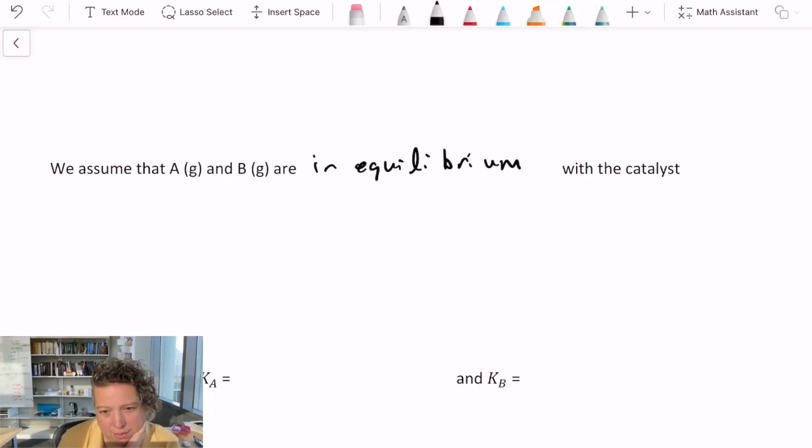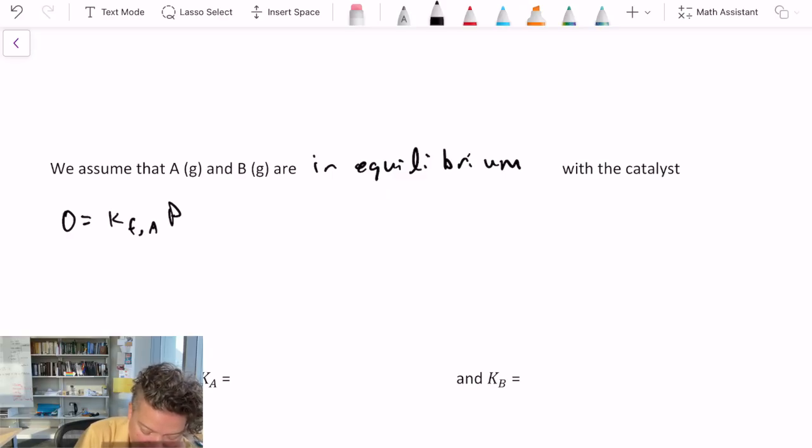So what that tells us is that the rate of adsorption of the molecule is equal to the rate of desorption. So we can say 0 is equal to k_f,A P_A theta star minus k_r,A theta_A.